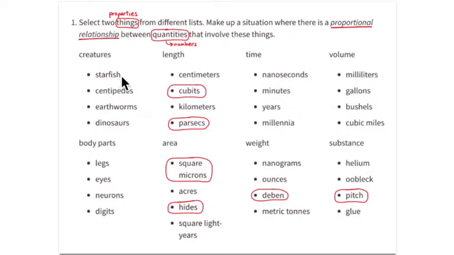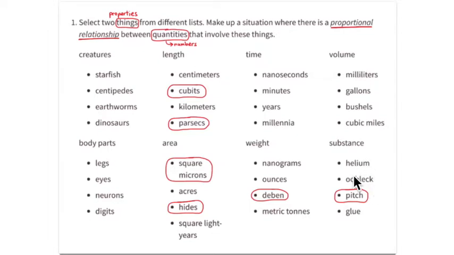And so you choose 2 of these things. Now, you might have to choose 3. You might have to choose a creature, for example, and then look at the speed that creature moves. So that would be length per time, or how much of a certain substance it takes to fill a container. So gallons per minute to fill a container with the substance of helium, something like that.